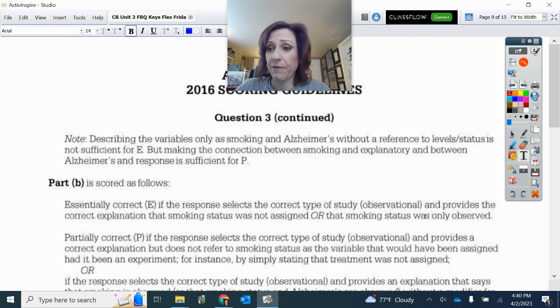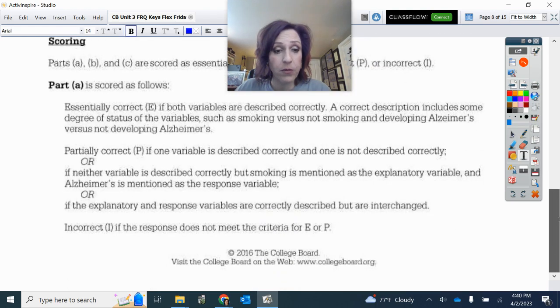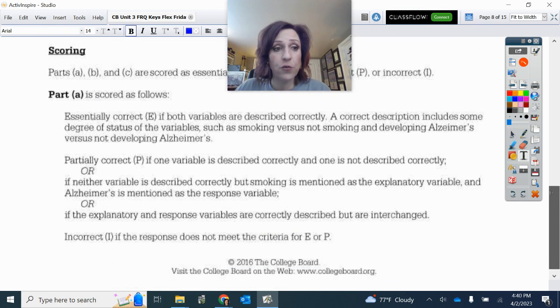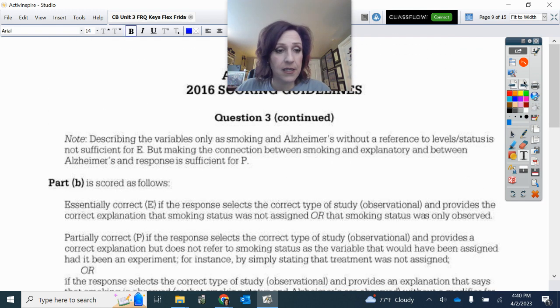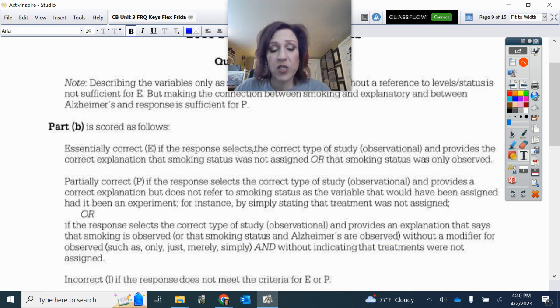So in order to get full credit for that problem, you had to say that the response selects the correct type, so observational study, and provides the correct explanation that smoking status was not randomly assigned to the subjects, or that smoking status was only observed or just observed. Because watch this.